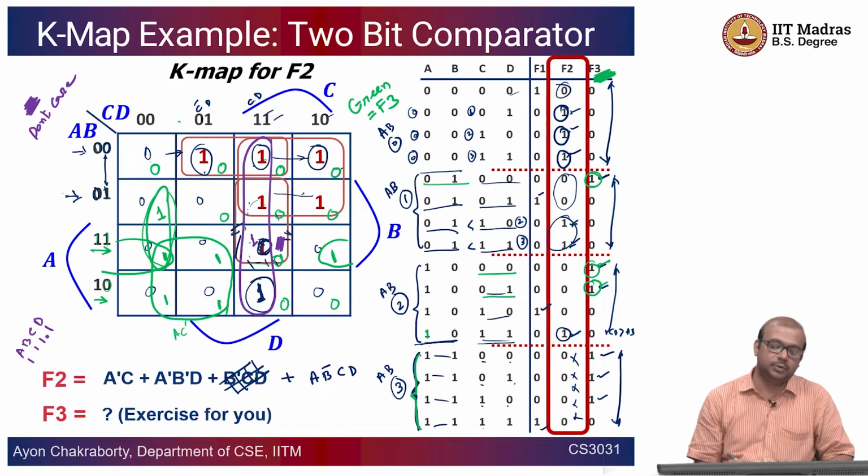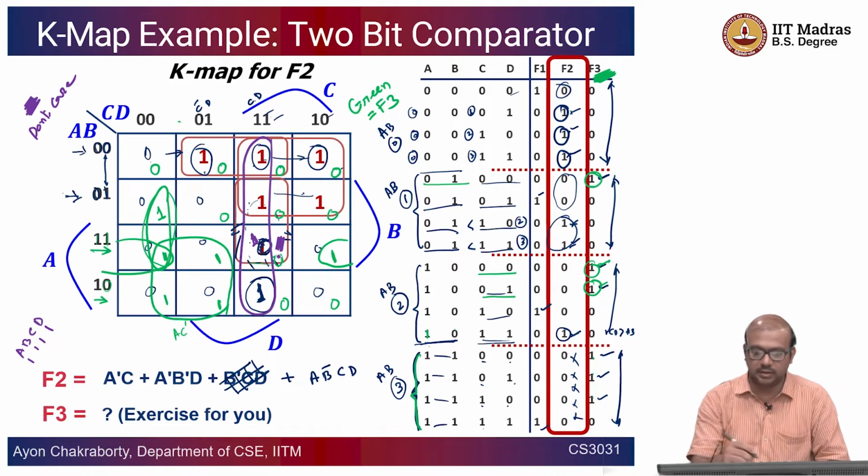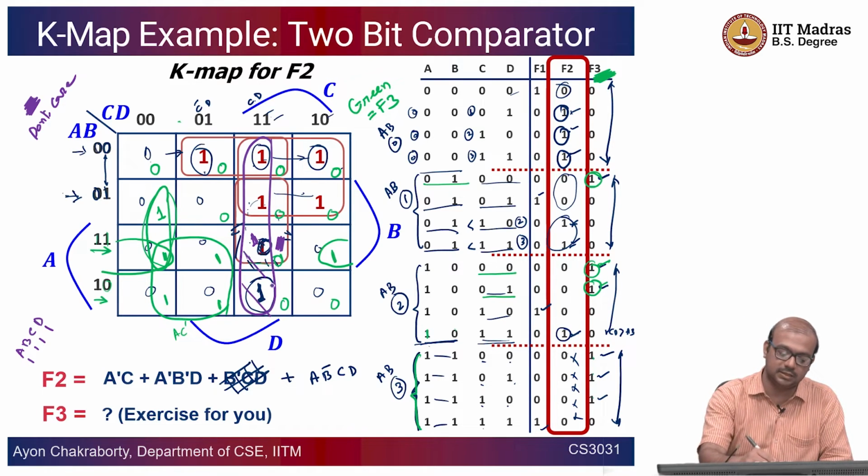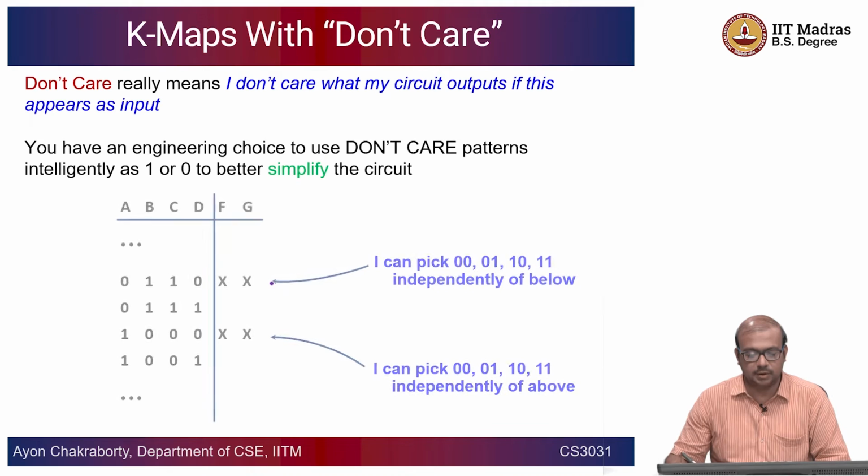So in those cases, if I use that particular output as 1, I can leverage this K map grouping structure to make the circuit simpler, because I can create a larger group. This is the larger group. Similarly here, that is what I have shown.